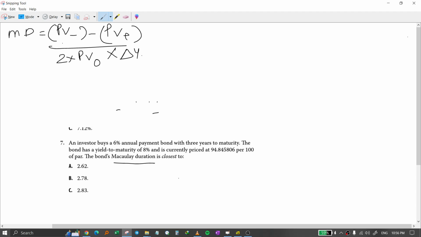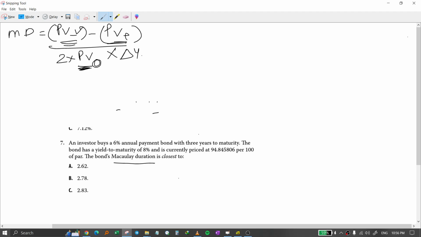Now, what are these? PV minus is the price when the interest rates are falling. PV plus is the price when interest rates have risen, and PV0 is the price at which we are currently at.